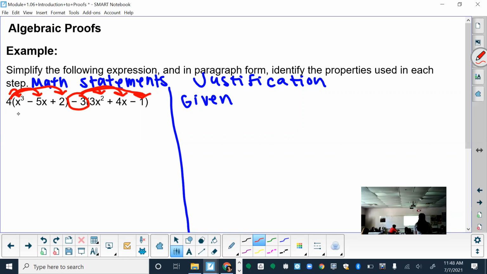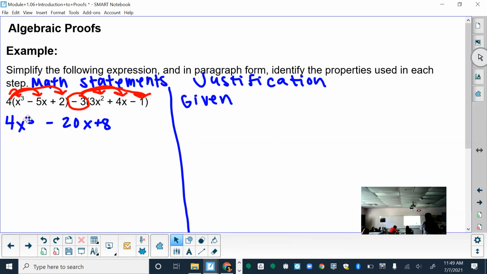Once I distribute them, I multiply the outside number by everything inside. What is 4 times x cubed? It'd be 4x cubed. 4 times negative 5x is negative 20x. 4 times 2 is 8. Good. And then distribute that negative 3. Sorry.